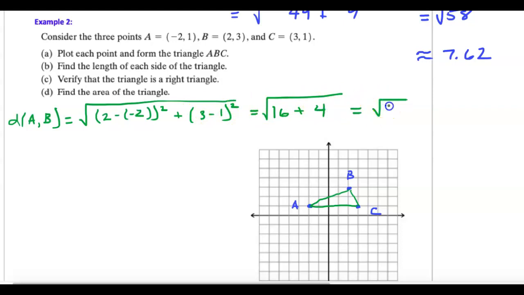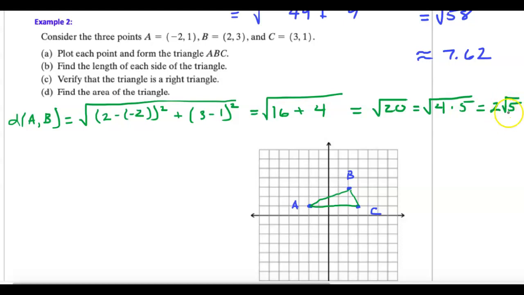And I get the square root of 20. And I can simplify that. If you recall properties of radicals, we can write this as the square root of 4 times 5. And 4 is a perfect square, so I can rewrite that as 2 radical 5.